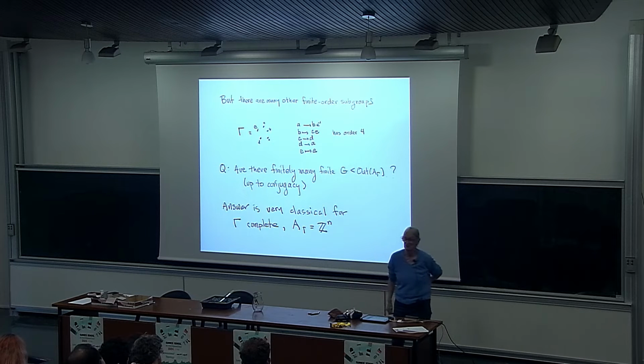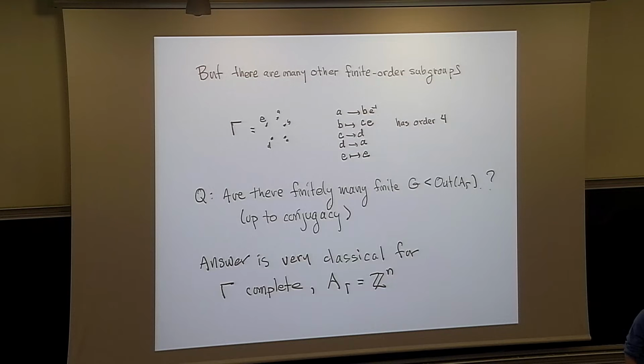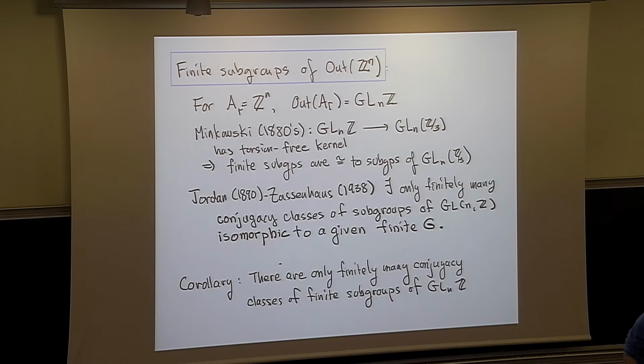So if Γ is a complete graph, and we're looking at Z^n, automorphisms of Z^n is just the general linear group GL_n(Z), and there the answer is very classical. In the 1880s, Minkowski noticed that if you go mod 3, then the kernel of that map is torsion-free.